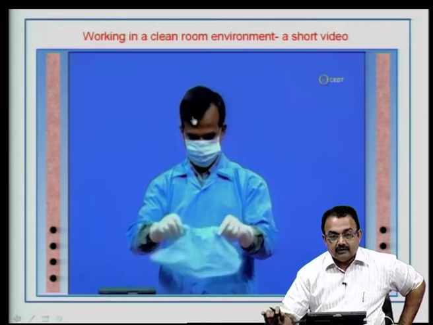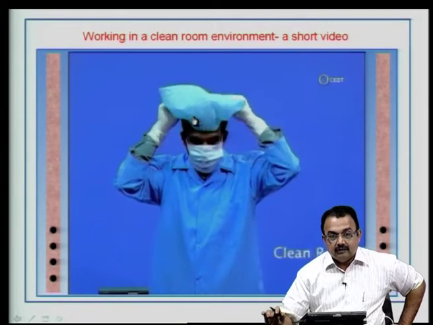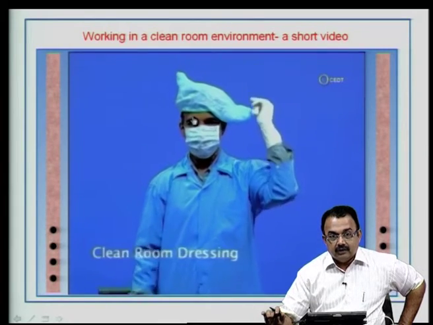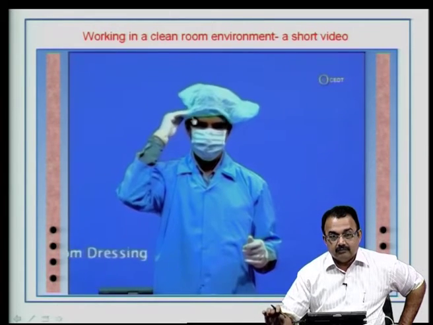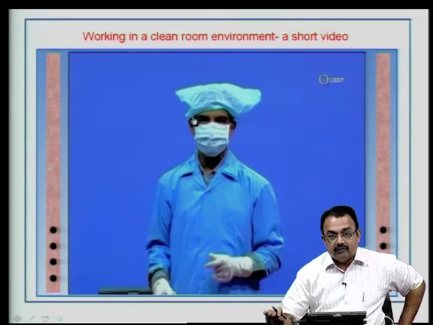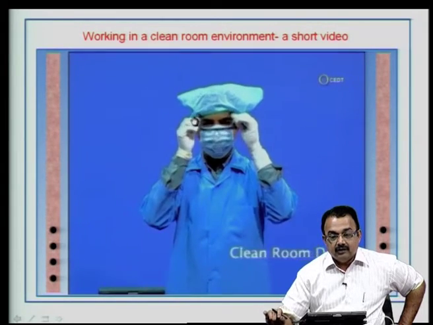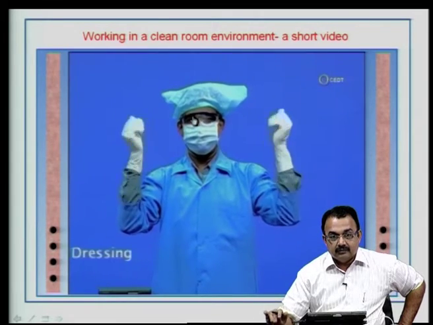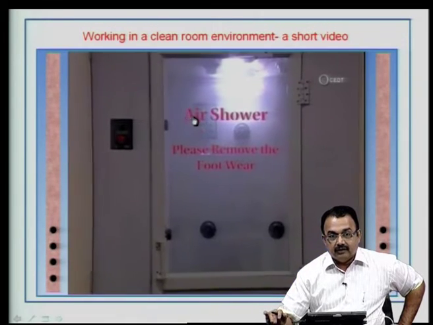You need to wear a head mask that will prevent hair falling into the lab. As you know, hair thickness is very small, but a hair falling on a photoresist, for example, will be translated onto the PCB. Use goggles, very important for safety.